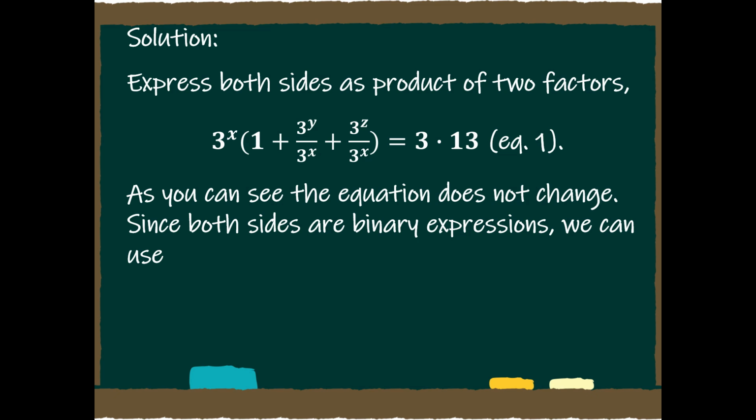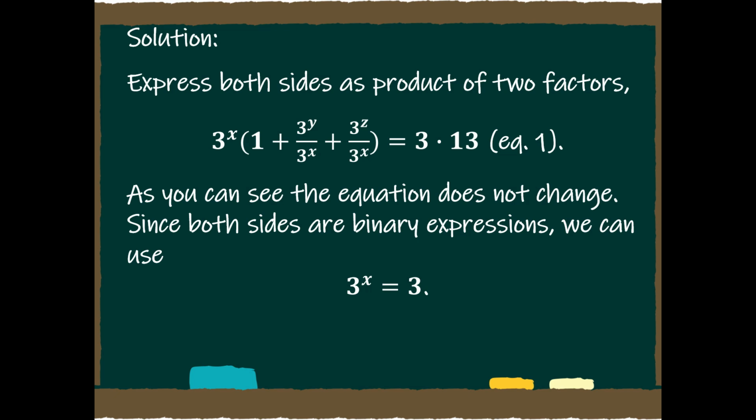As I said, the given equation does not change. Then, use 3 raised to x, which is a factor at the left, and 3 as a factor at the right. You can equate them. If you take 3 raised to x from the left side of equation 1, and 3 from the right, equation 1 does not change. So we have 3 raised to x equals 3.